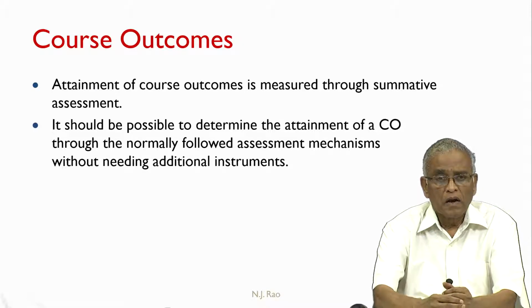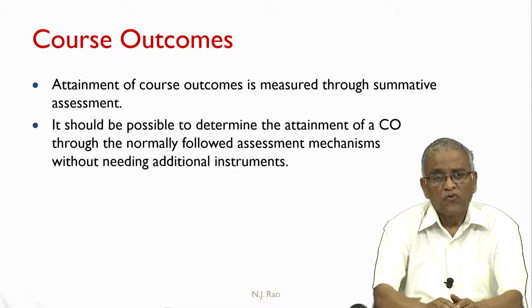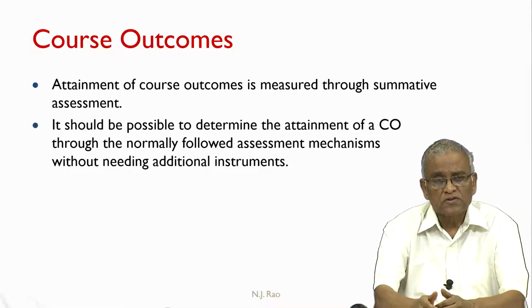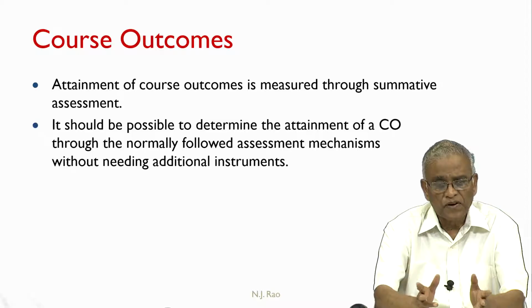And now what we suggest is that we should not be asking for some other kind of instrument to measure the attainment of course outcomes. That will not work, because that will mean too much assessment work, evaluation work and documentation work.